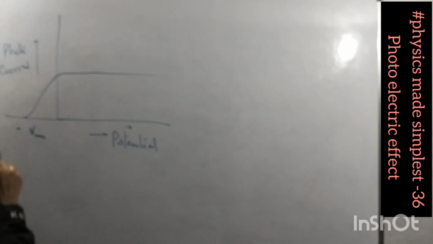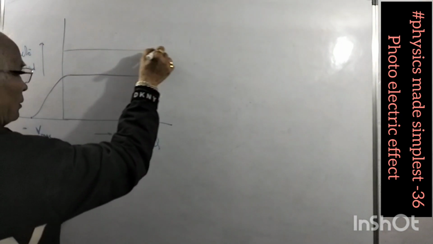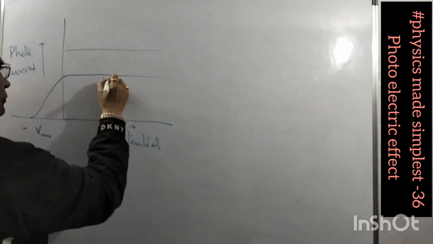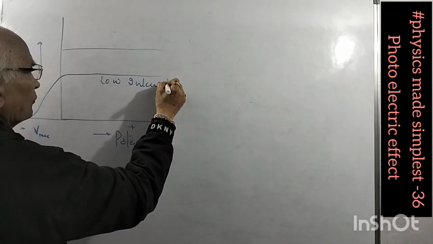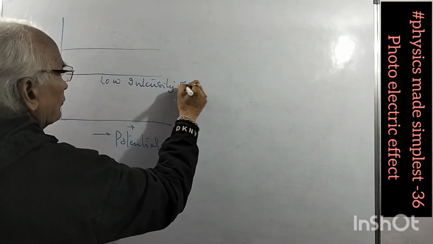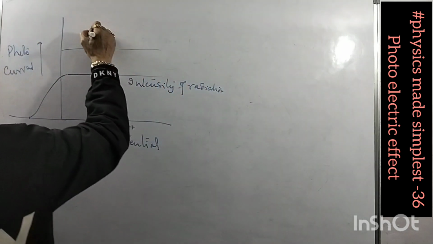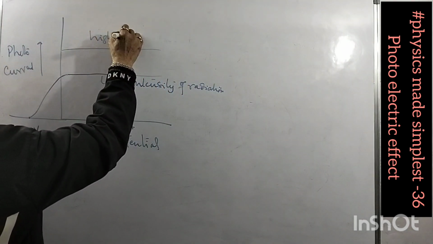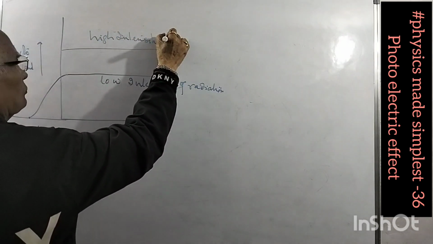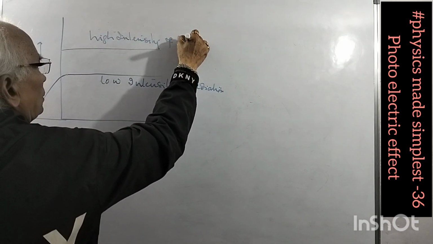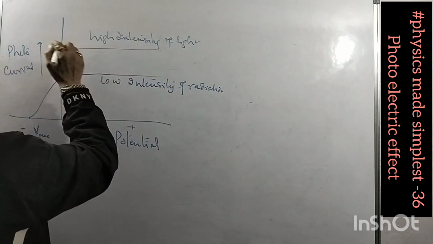So that, or you can say further higher intensity, low intensity of light. Here you have high intensity. So the potential is positive, all electrons are collected, so current becomes constant.